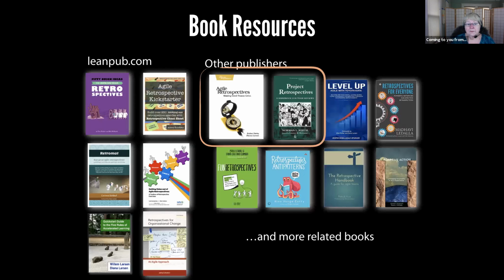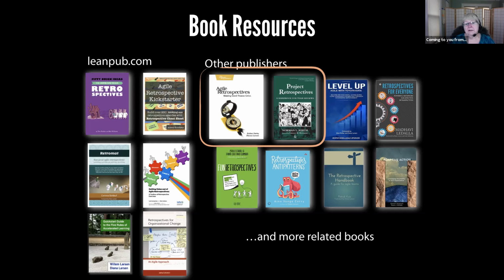And then there are LeanPub books that come bundled. Some of them, I can't remember which ones for sure, are all bundled together, but there are some that come in a bundle or you can buy them separately. These are all ebooks. And then from other publishers you can get ebooks or hardbound books.